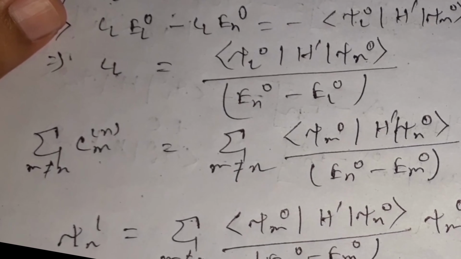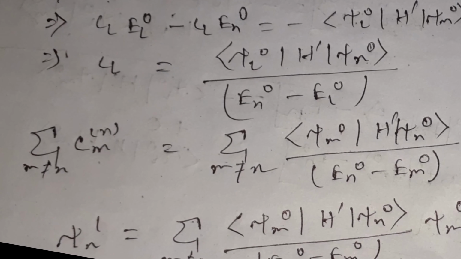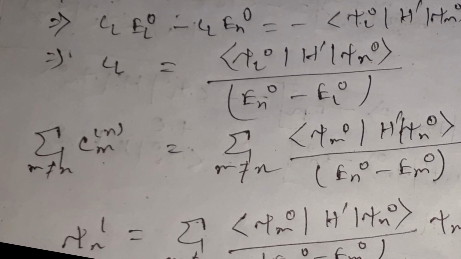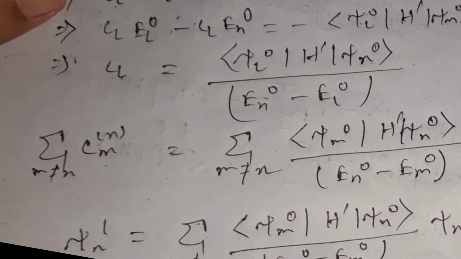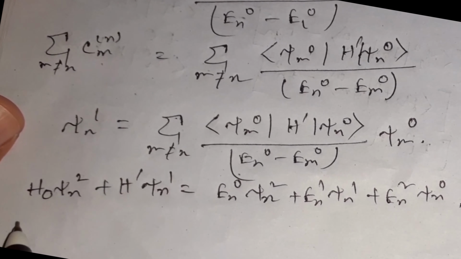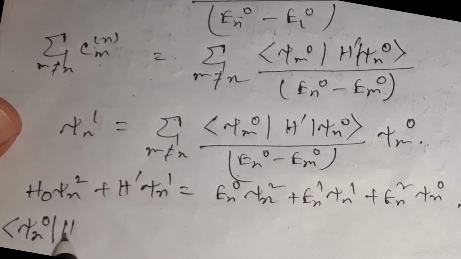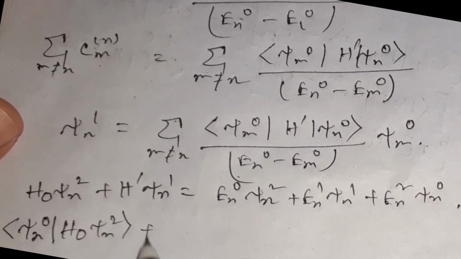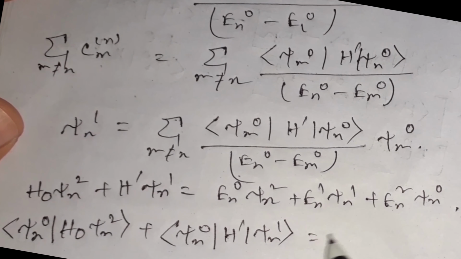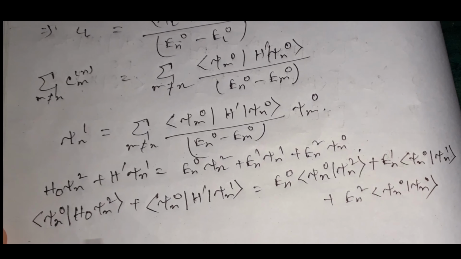If you want to find the second order correction to the energy, then you have to write the equation which we get by equating lambda to the power 2. Now this is the equation. So now what I'm going to do is multiply ψn0 from the left side and we get this.